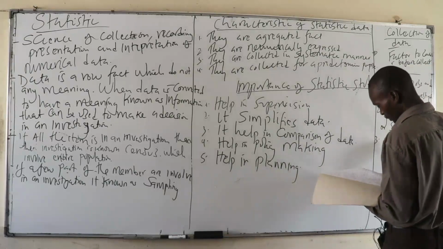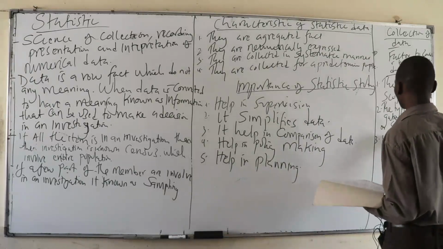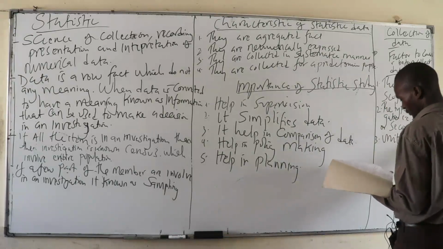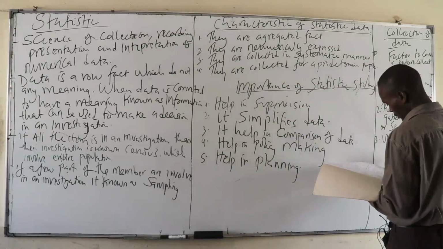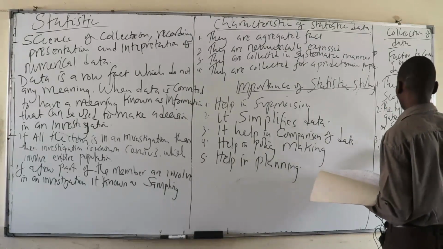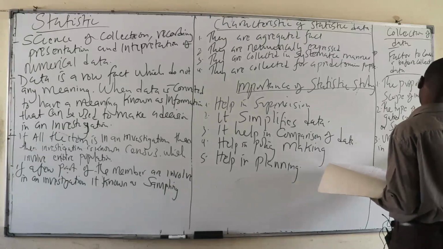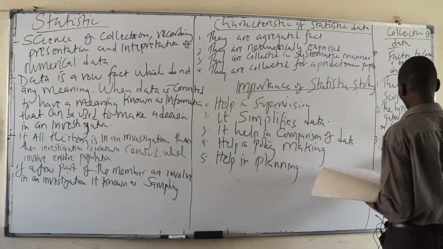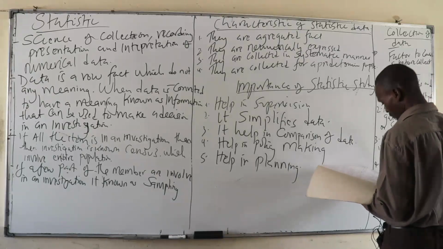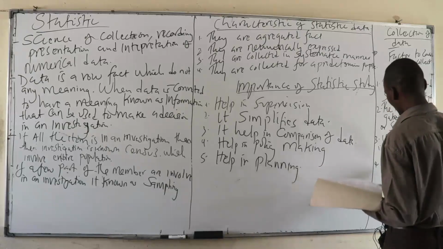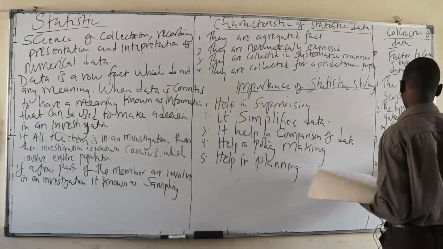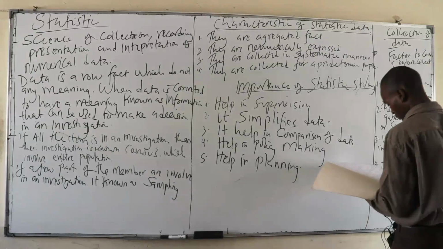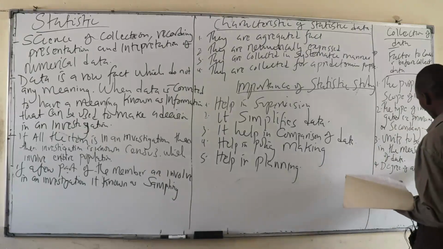Number 3, the unit to be used in the measurement of data. Number 4, degree of accuracy required.